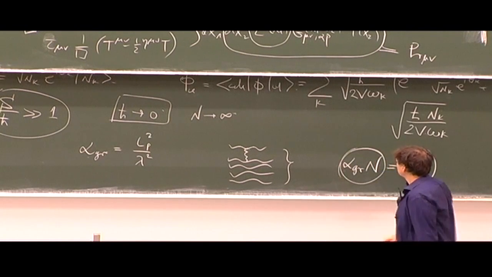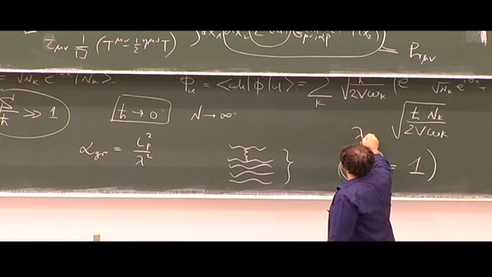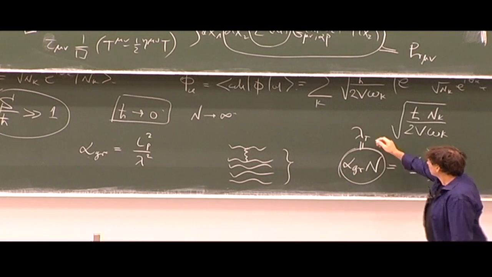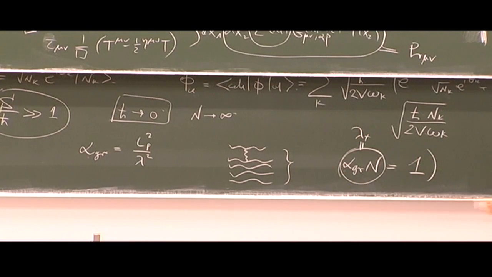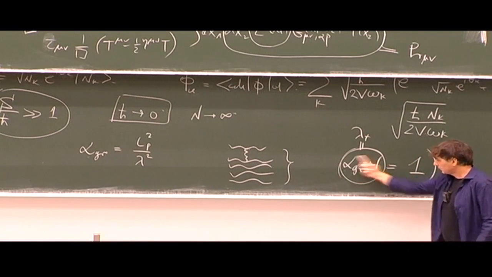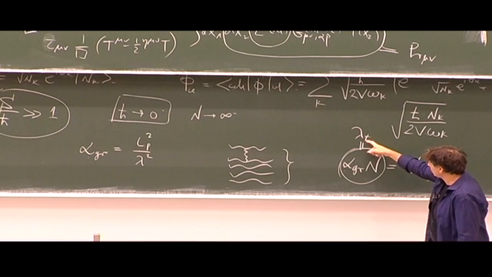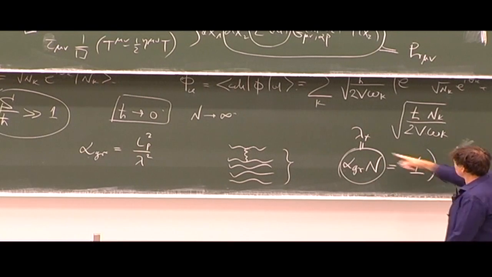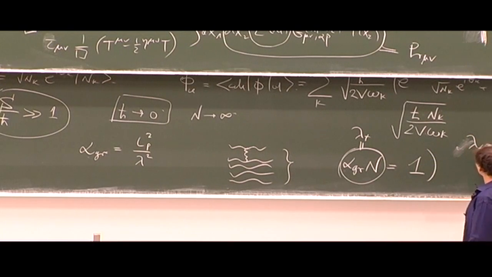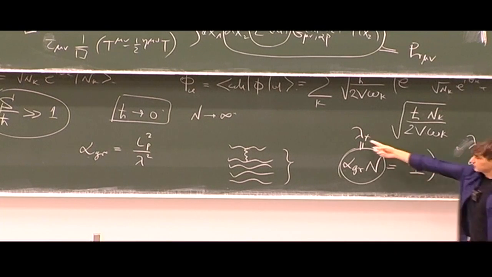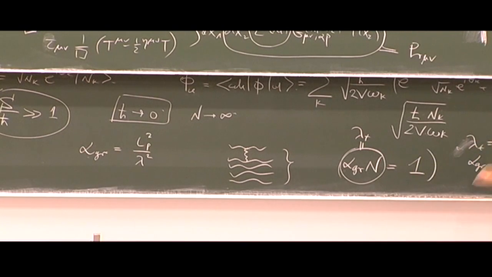Let me call this lambda, lambda 't Hooft, or the gauge coupling, which you can trade for this. So I can do an expansion in lambda and alpha. There are two expansion parameters. Now, because lambda is 1, alpha is 1 over n.